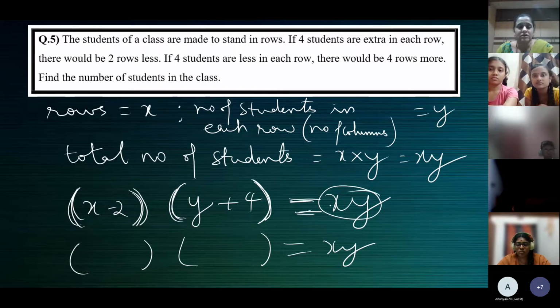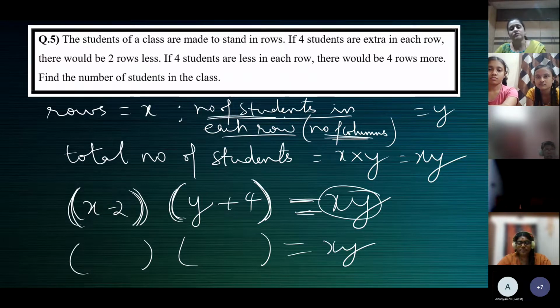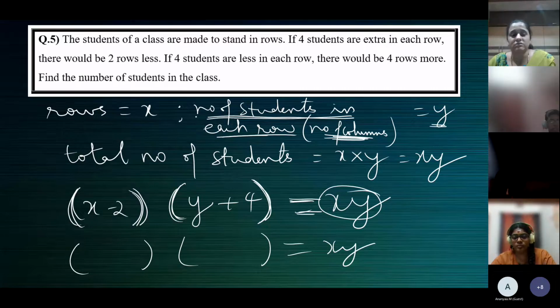See the second one. If 4 students are less in each row, number of students in each row means number of columns, which is y. So what's the second part?